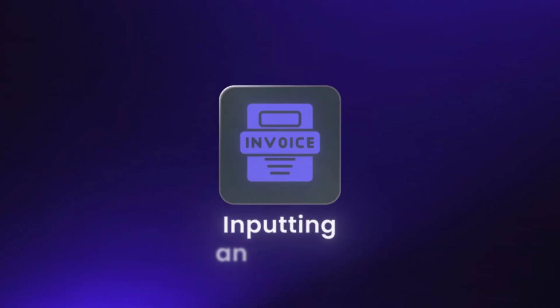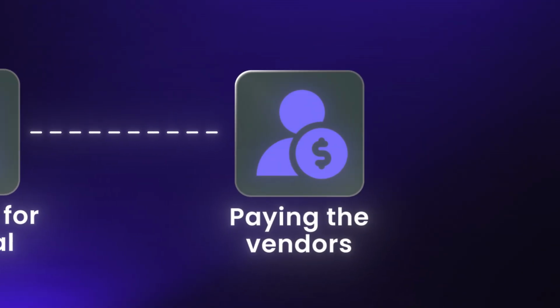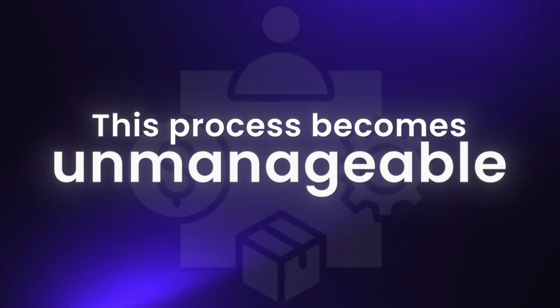Now, all this manual process of inputting an invoice, routing it for approval, paying the vendors, works well when you're approving maybe 50 to 100 invoices a month. But when a company starts scaling and we see the number of invoices inching to 300 and 400 or even 500, this process becomes unmanageable. That is where you start seeing the process breaking, and the simpler solution for many companies is to add more headcount.